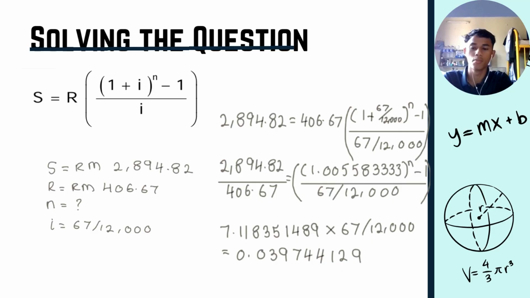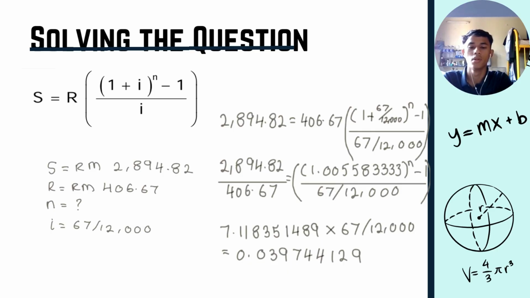By doing that, we put everything in order to find N. So from this point, we have 1.00558333 from the upper bracket, and we need to transfer 406.67 to the left side, making it divide. By doing so, we will get 7.118351489.